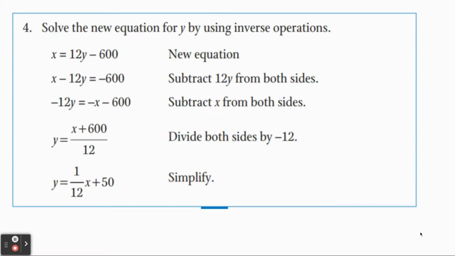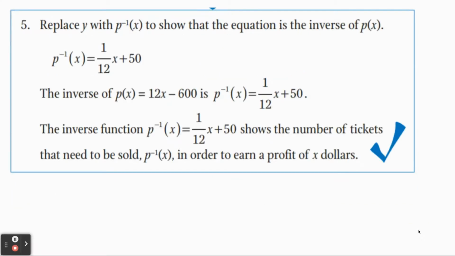Again, when you divide by 12, or in this case negative 12, remember that everything on the right side needs to be divided by 12. So 600 divided by 12 is 50, which will leave you with 1 over 12 as the coefficient of the x term. Replace with p to the negative 1, which means it's the inverse function. So now you have the correct notation and the correct inverse function.